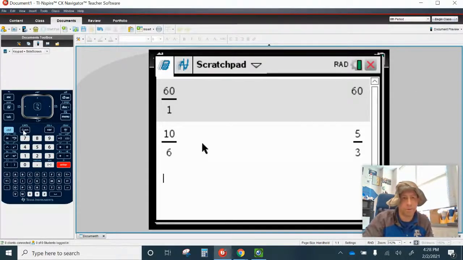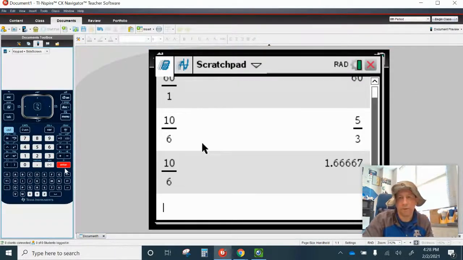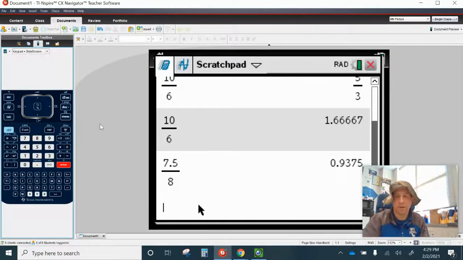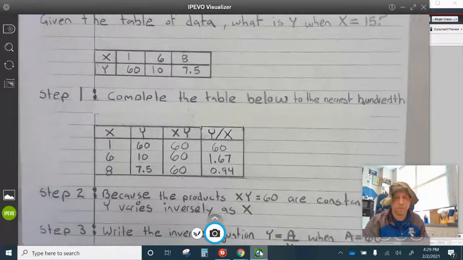If you press Control Enter, we can say that to the nearest hundredth, so that'd be 1.67. And then 7.5 divided by 8, to the nearest hundredth, is 0.94. Okay, so we have that.